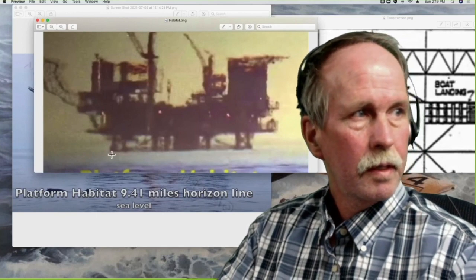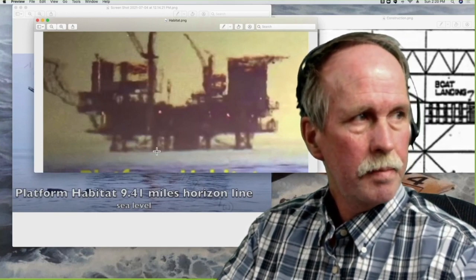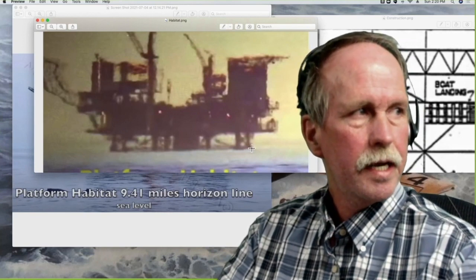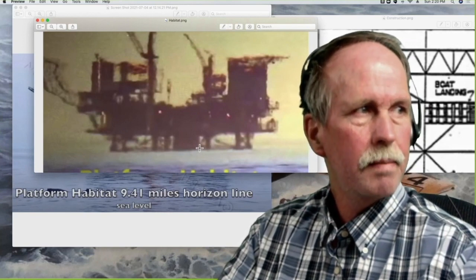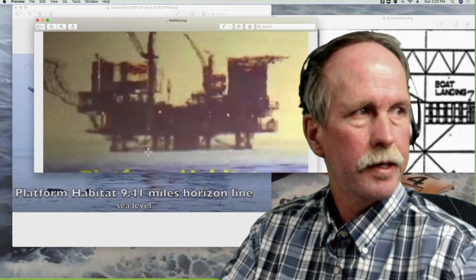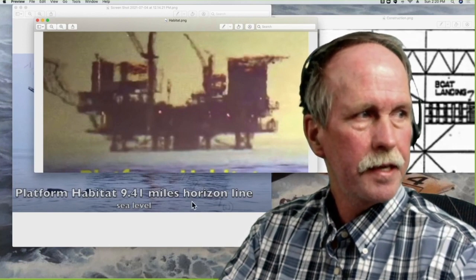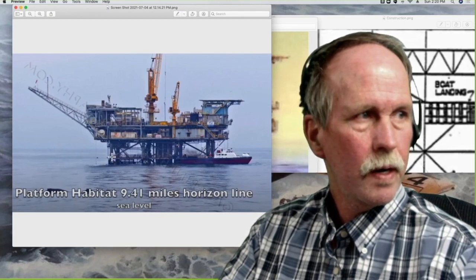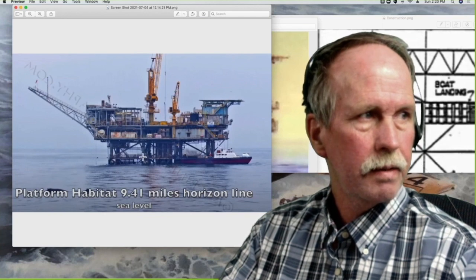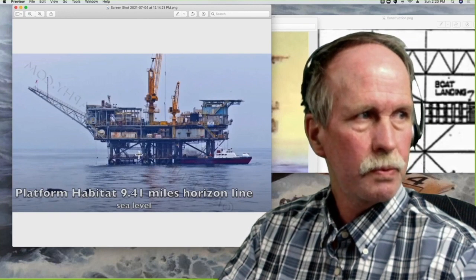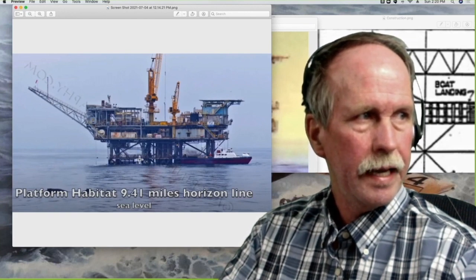Now, right here, I'm a little on the fence about this, but I'm going to have to say that is probably a railing of some sort right there. And I think it's definitely between the top of this railing right here and that deck.